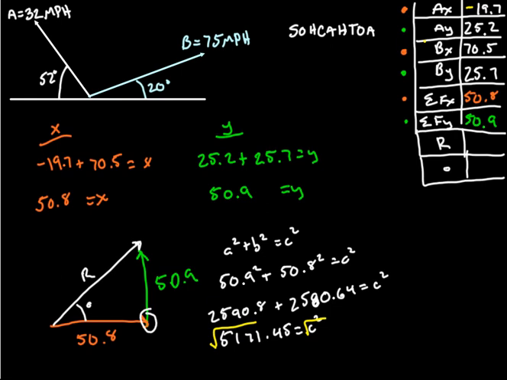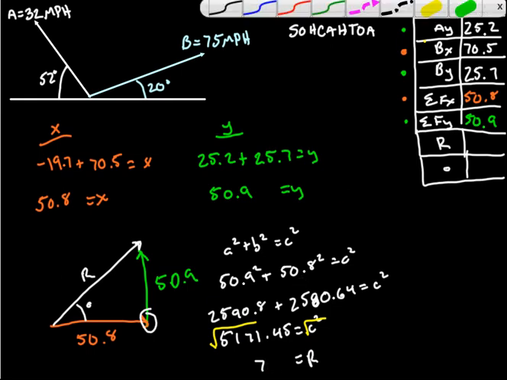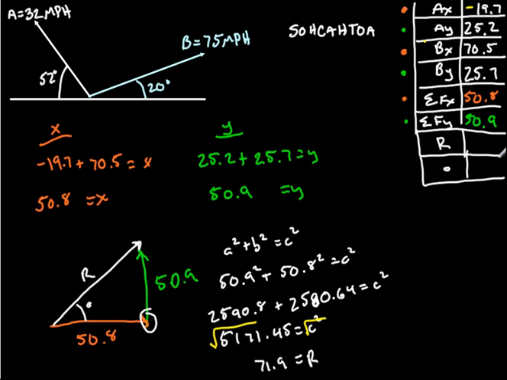And we get a final R value of almost, a little over 70, 71.9. So about 71.9.